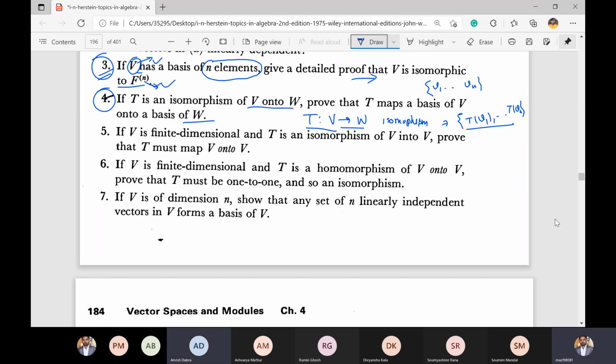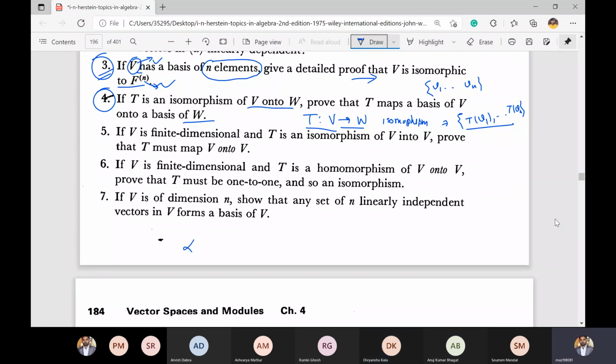So how will you show that this is linearly independent? Start with alpha 1 TV1 plus alpha 2 TV2 and so on. So we consider a linear combination. Yes, okay.